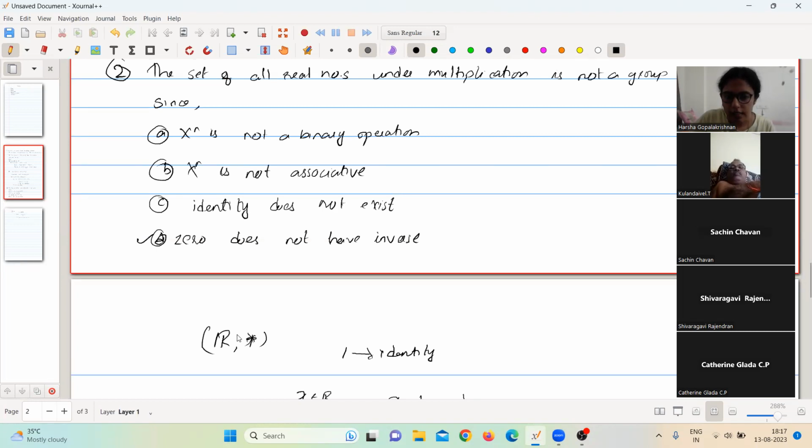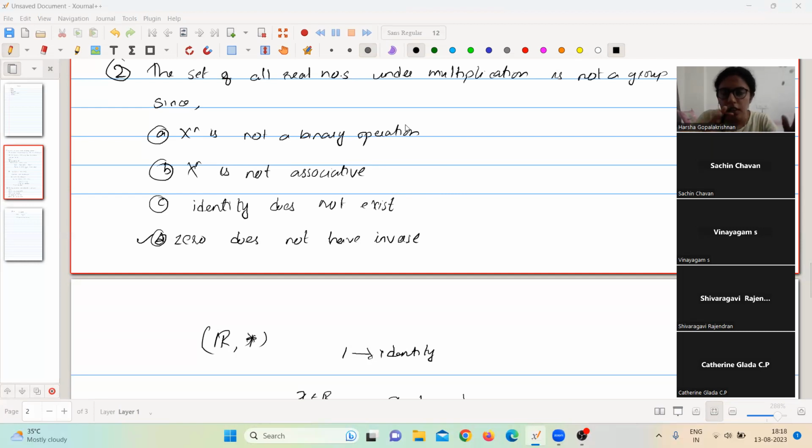Here identity exists because 1 belongs to the real numbers. Is multiplication associative? Yes, ma'am, multiplication is associative. So this option is wrong. And multiplication is also a binary operation, right?